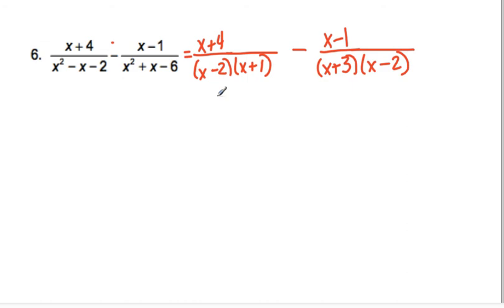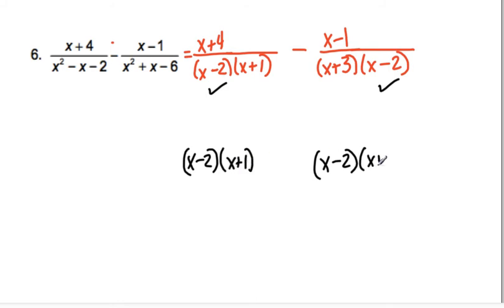All right, now your GCFs, or not your GCFs, your LCD. So I'll have an x minus 2 in both. So x minus 2 would be in the LCD, and x minus 2 would be over here as well. 1 will be fine. I also need an x plus 1. And I also need an x plus 3.